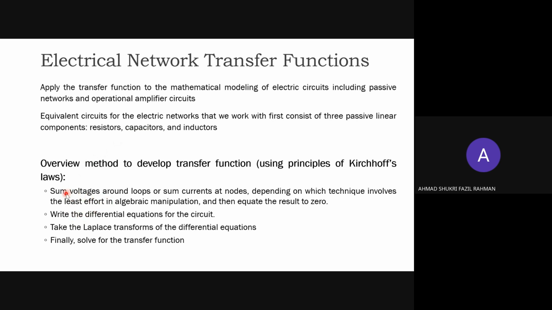The first one, we sum up voltages around the loop. The sum of voltage must be equal to zero for each loop. So, sum of voltage around the loop or sum of current at each node. There are two methods, sum of voltage or sum of current.